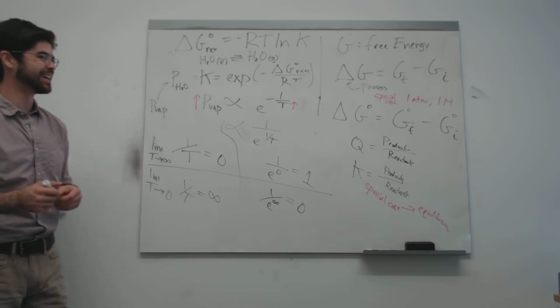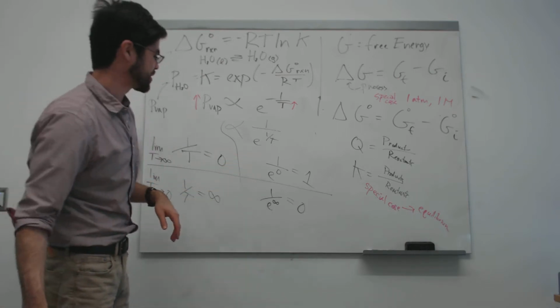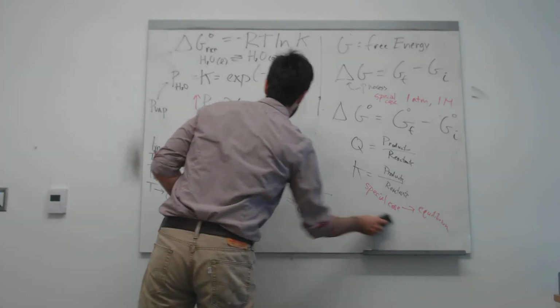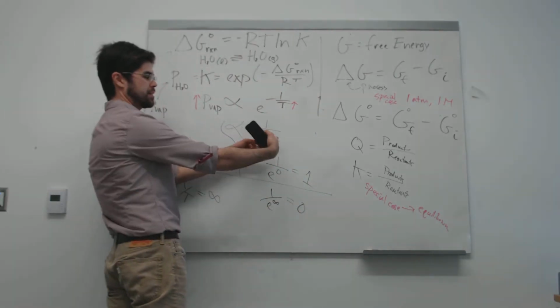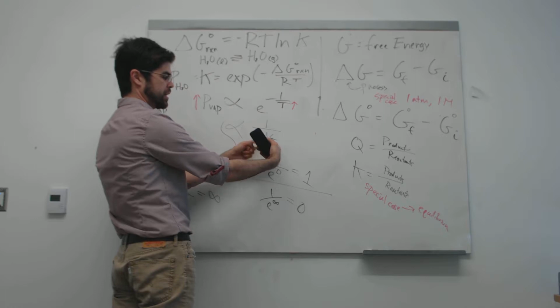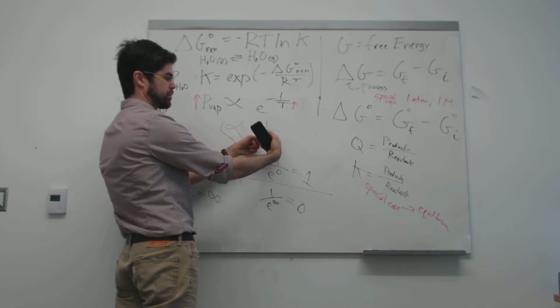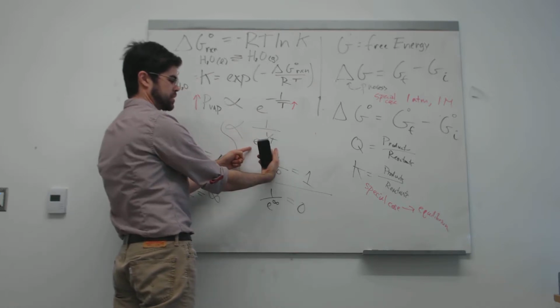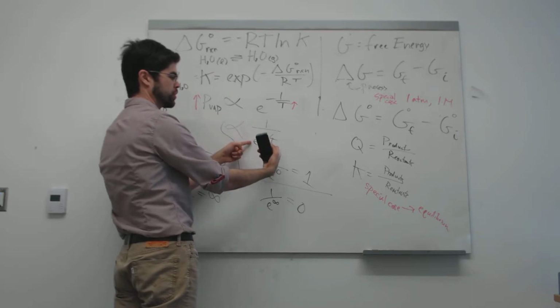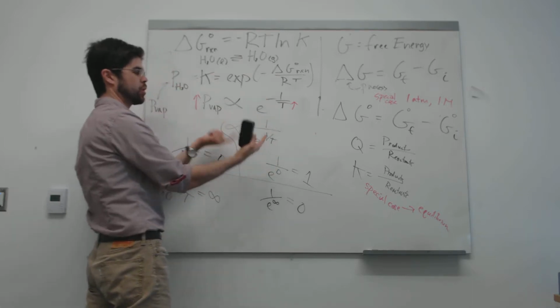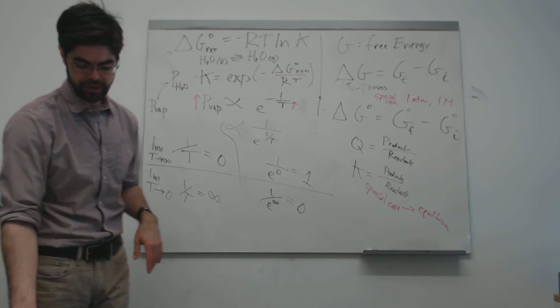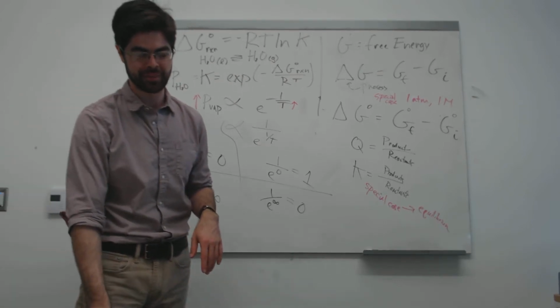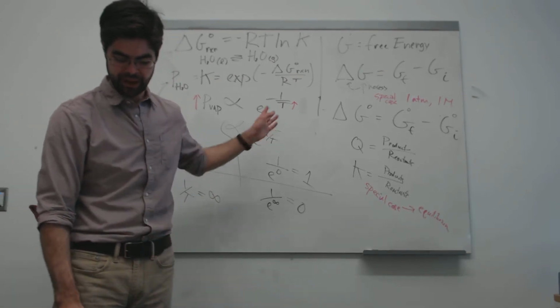Maybe not the best argument, but this is the way I look at it. As temperature increases, this term is getting smaller. Then I have e to a small number, which means that this whole term is getting smaller. And then I have 1 over a small number, and that means that the whole thing is increasing. So it's a very mathematical argument, I admit.